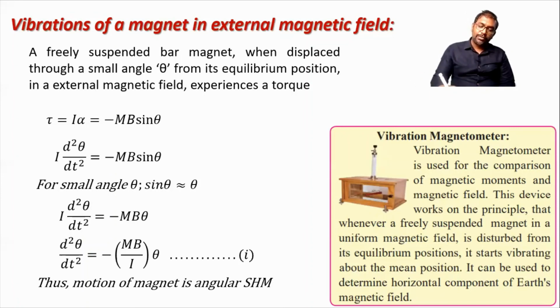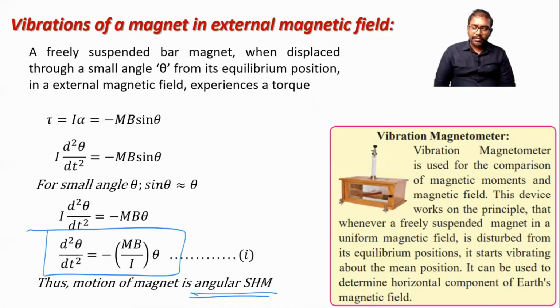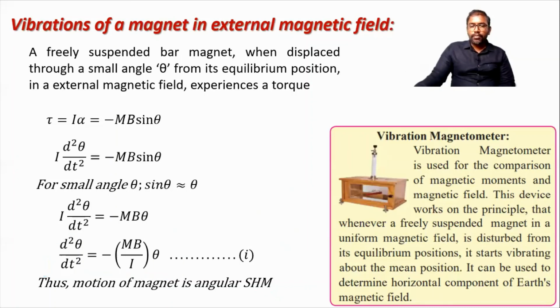We learn in chapter 5, oscillation: if the angular acceleration is directly proportional to the angular displacement and both are oppositely directed, then it is angular SHM. So here the motion of the magnet is angular SHM.